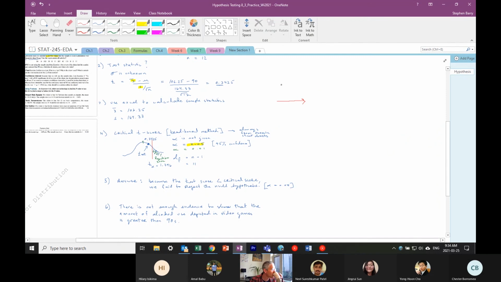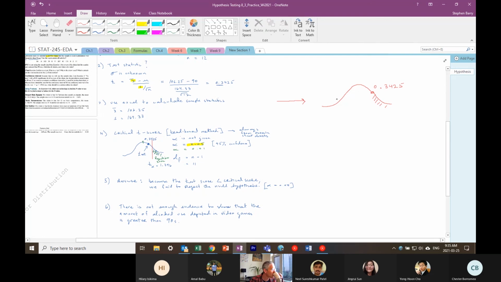So in other words, there still is a graph that needs to be drawn, but we want to figure out what is the area of a t-score of 0.3425. And then we're going to compare it to the alpha value of 0.05, basically. So you take your t-score, and now you figure out the area under that curve to the right of that.